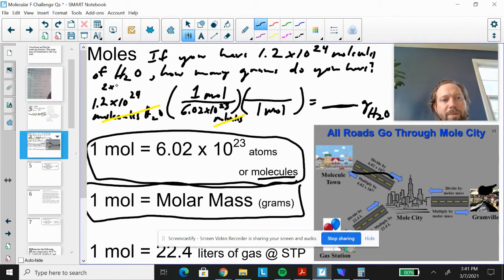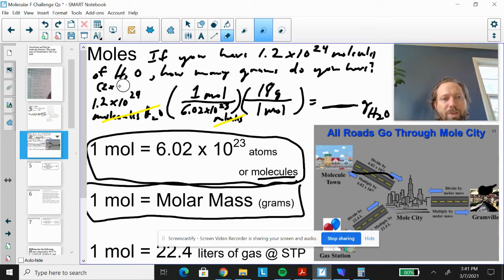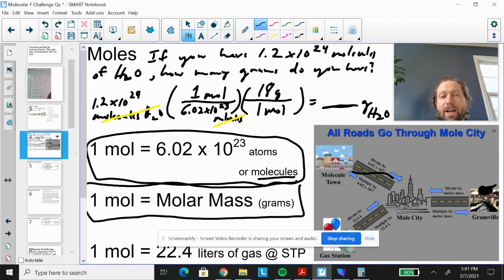So 2 times 1, just for simplicity's sake, plus 1 times 16. And what we get is 18 grams when we add those up. Okay, just to clarify. All right, so now we are set up and we just multiply and divide.